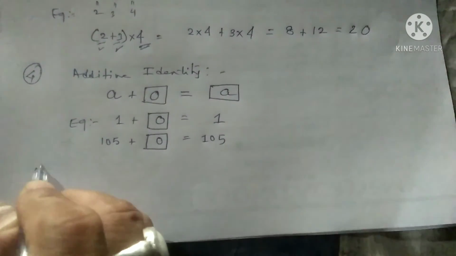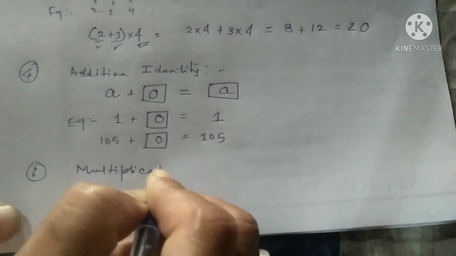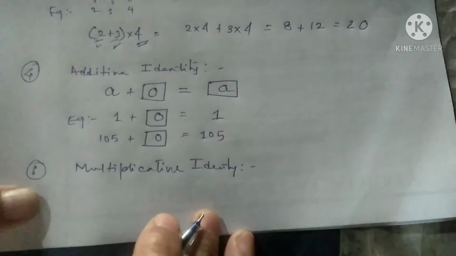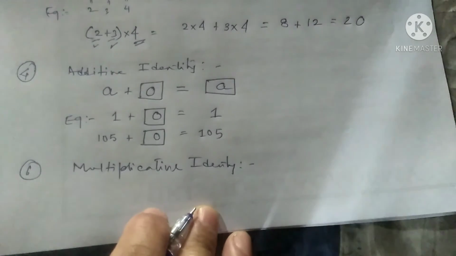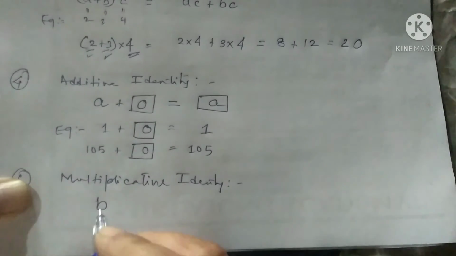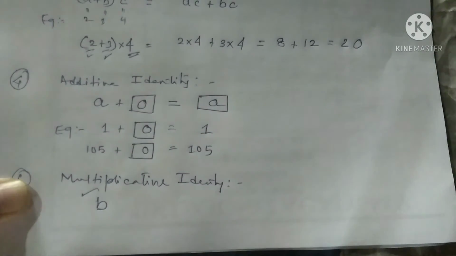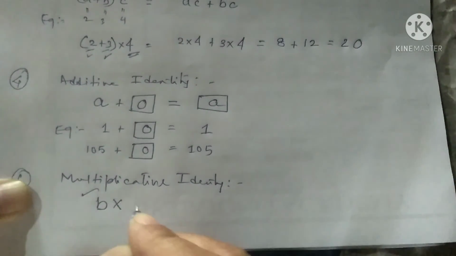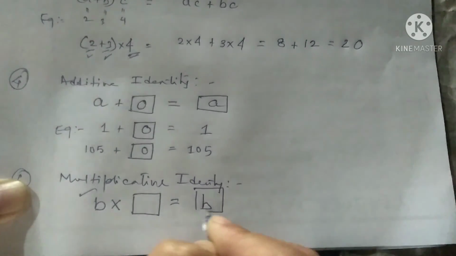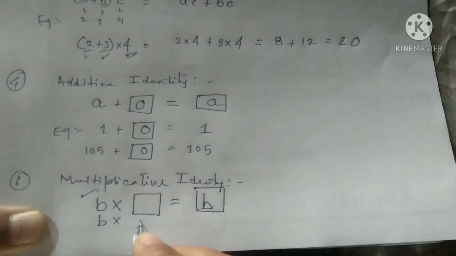Now let us see what is multiplicative identity. Multiplicative identity is similar to additive identity. Whenever we multiply a real number, A, B or C, here we are considering B, with any other number that always gives us the real number itself, that number is nothing but 1.